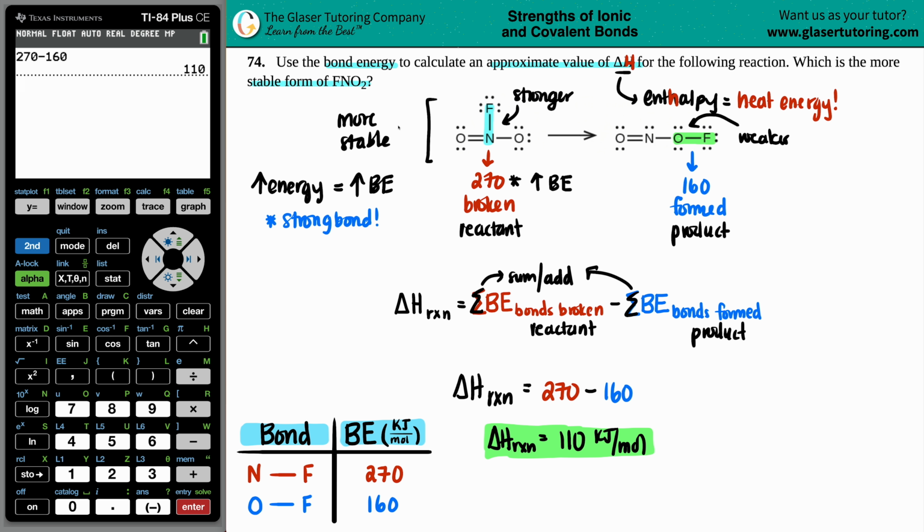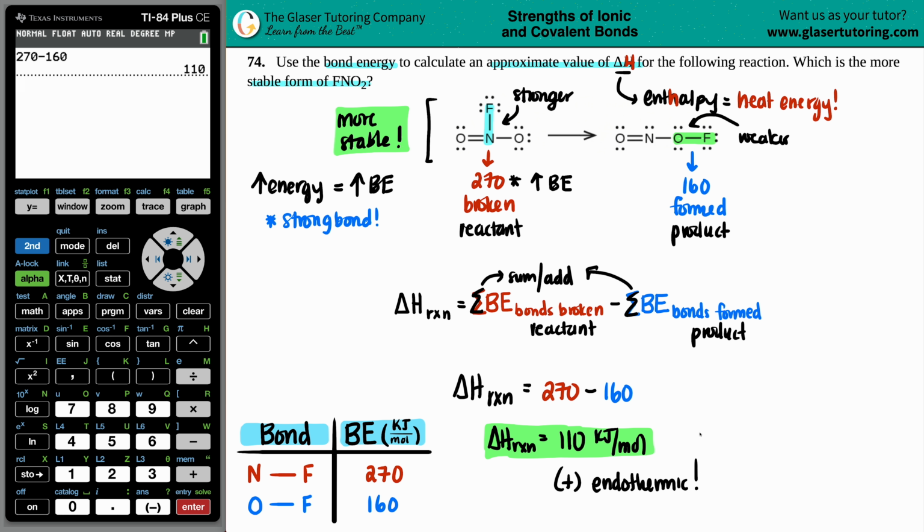Now, you could also figure this out by just looking at the delta H that was made. In this case, we found out that the delta H was a positive value. After I'm done coloring, the delta H was a positive value. And this means that this reaction was endothermic.